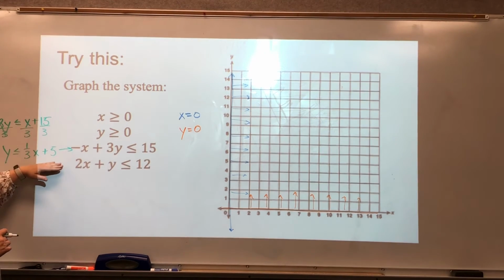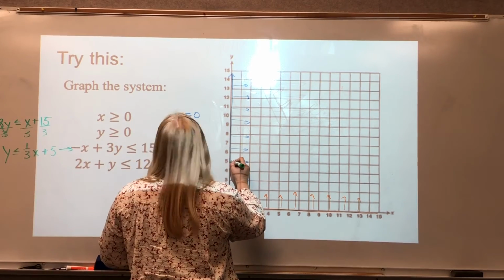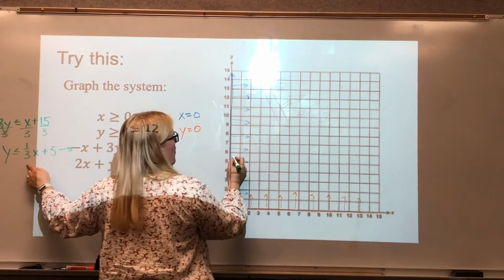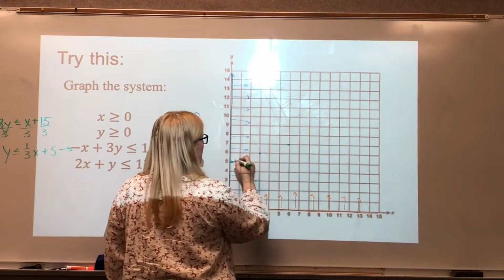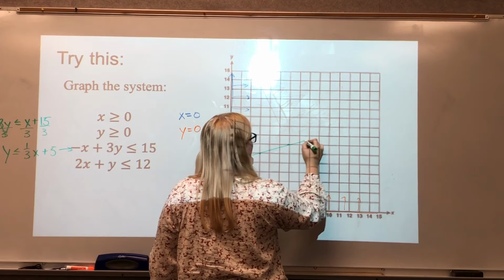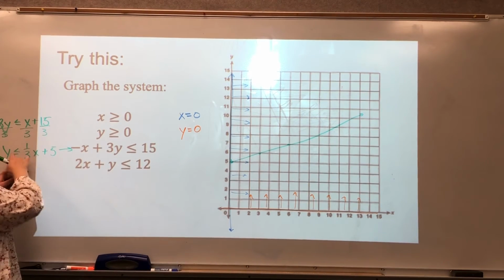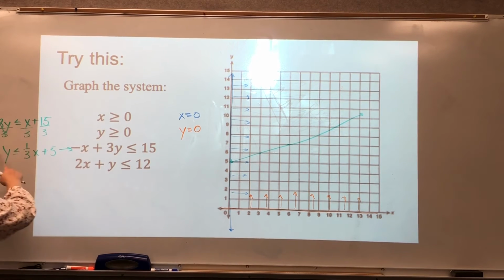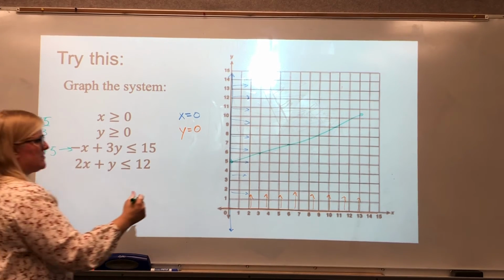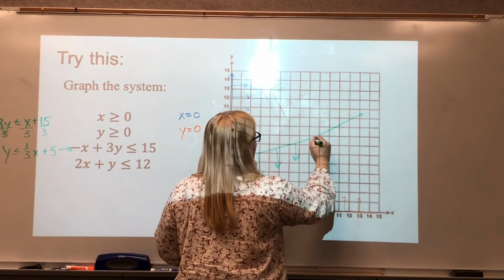I think you guys are getting the hang of it. My y-intercept is 5. And my slope is 1/3, so I go up 1 and over 3. Okay? And it's y is less than. I could also, again, put in 0, 0, and 0 is less than 5. So that would include 0, 0 down here.